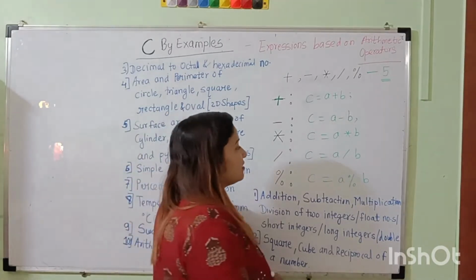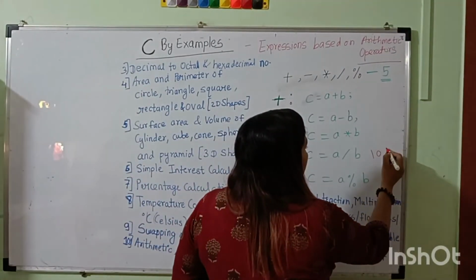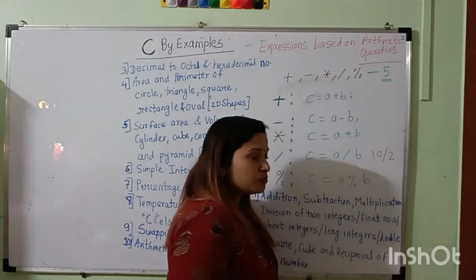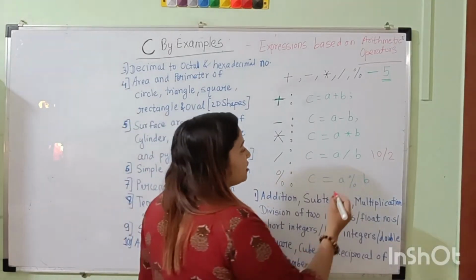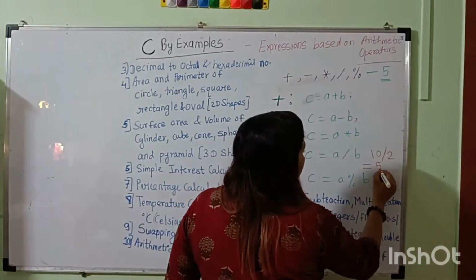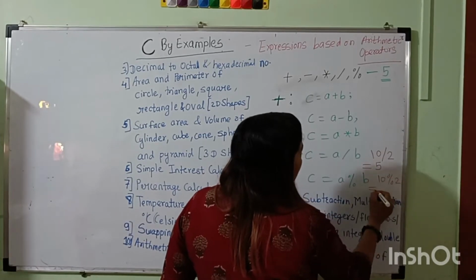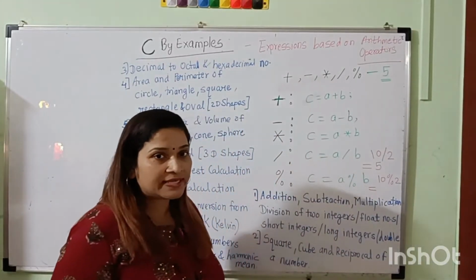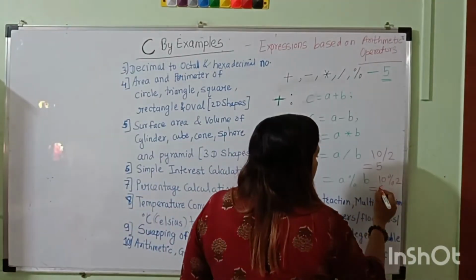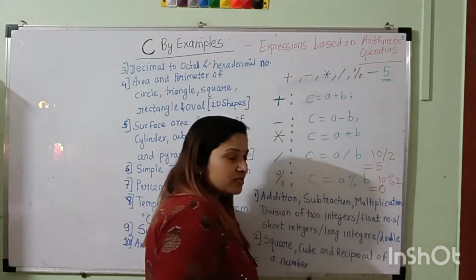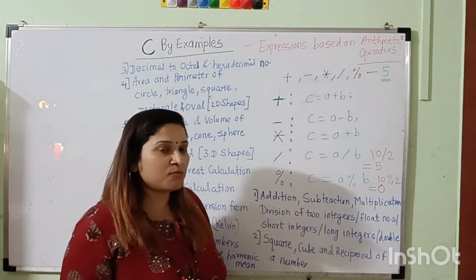Let's say we divide 10 by 2. 10 divided by 2 gives the quotient, that is 5, whereas 10 mod 2 gives the remainder after dividing 10 by 2, so we get 0. That is called the remainder operator or mod operator.